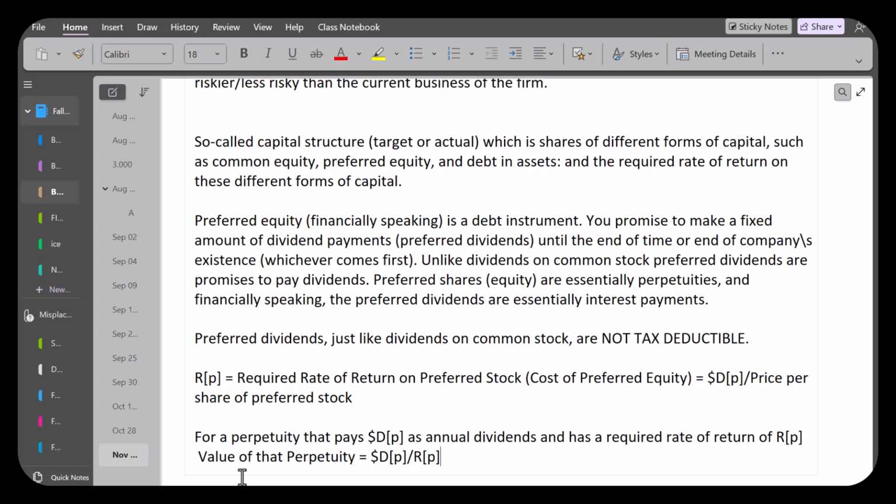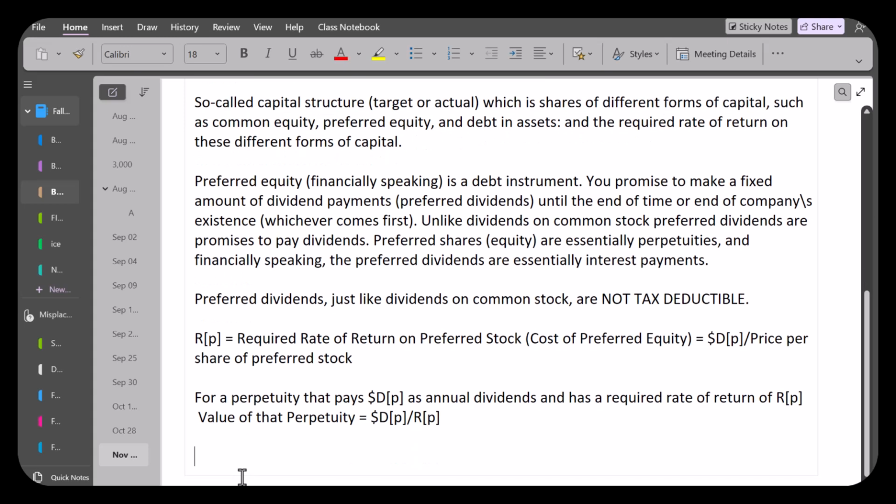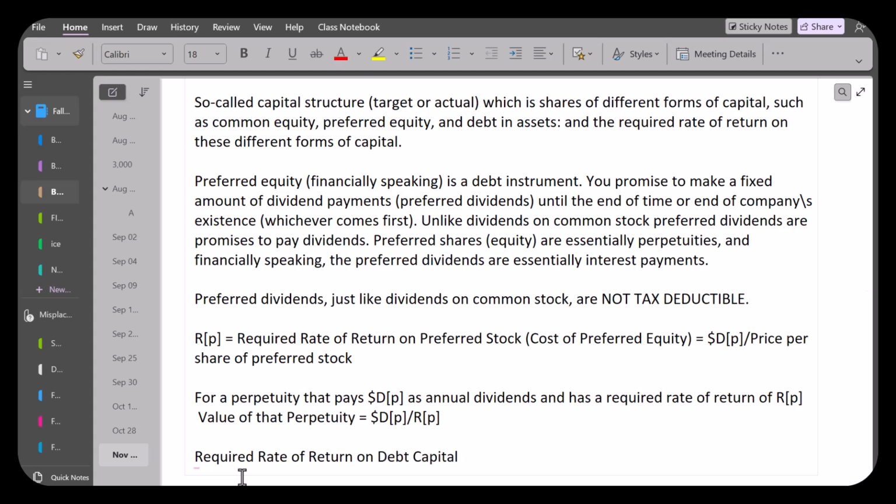Now, required rate of return on debt capital, sometimes, and I'm going to call this RD, or cost of debt.